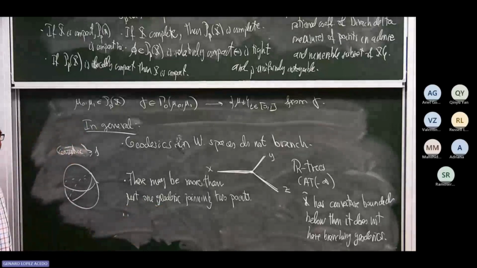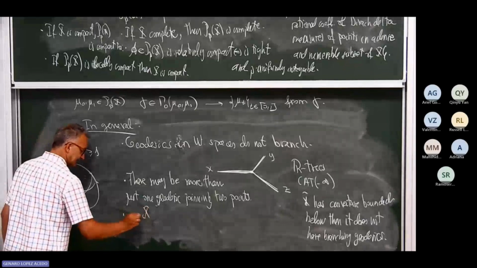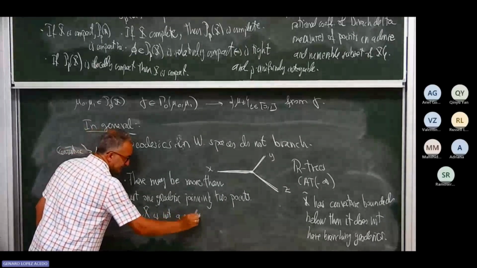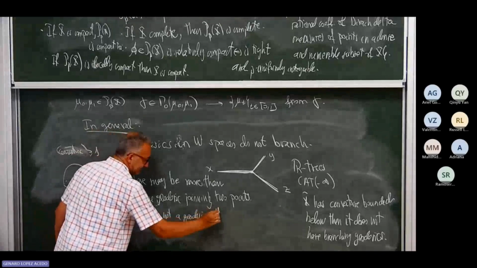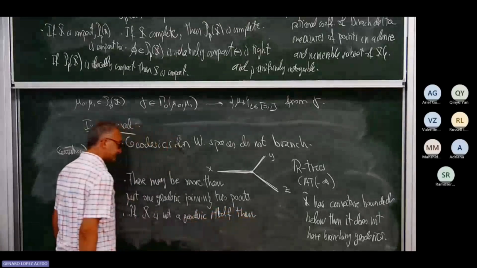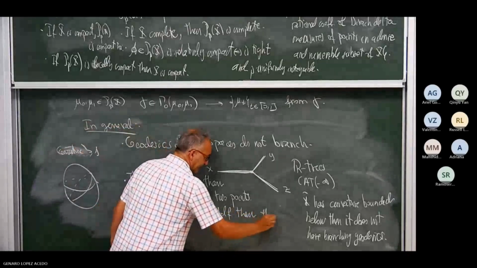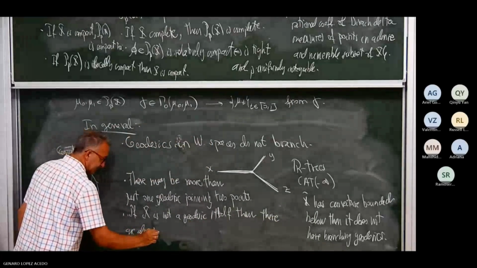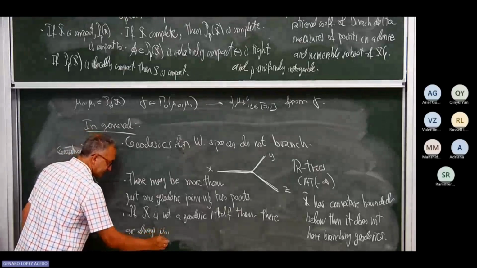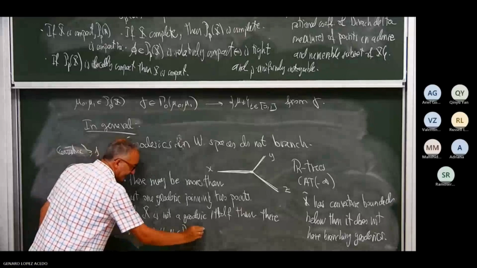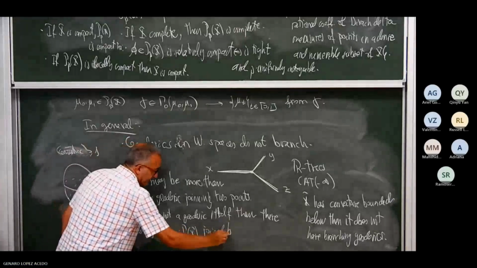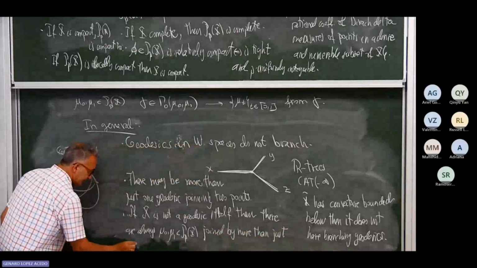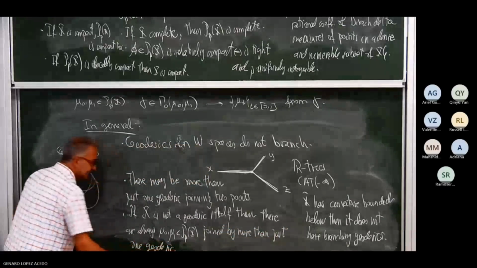When this happens, that's not going to happen always, but if X is not a geodesic space itself, then there are always points joined by more than just one geodesic, right?